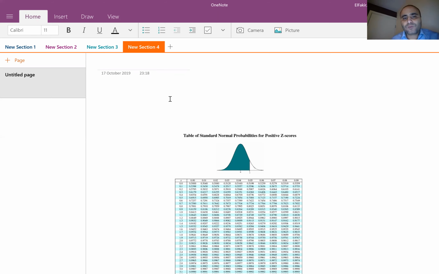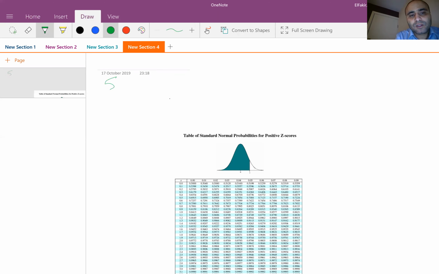Okay, so if we take the following example, we have 5, 8, 10, 12. So those are our observations. We calculate from that the mean value, which is 8.75.